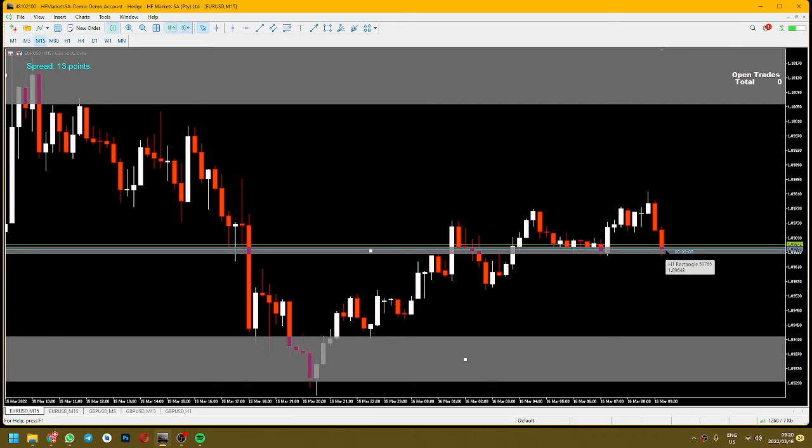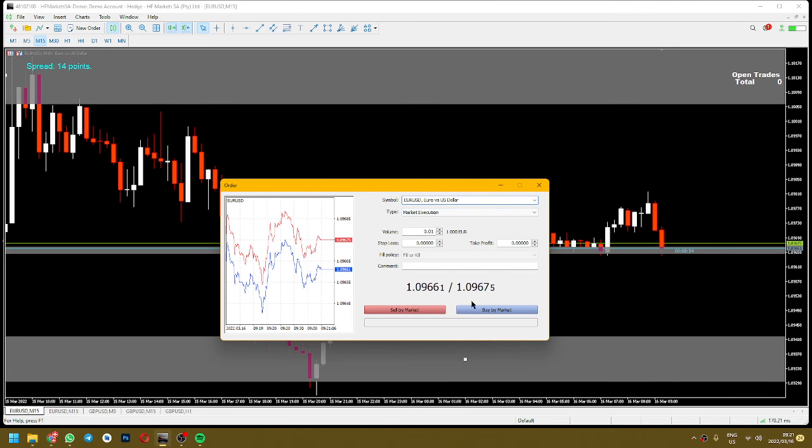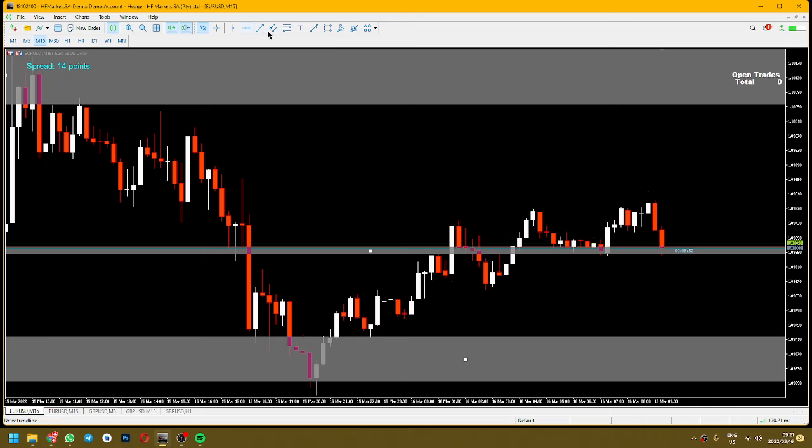If the last candle closes below the resistance area, we know that we're definitely opening our position for a sell. What I would recommend also is using a very small lot size, like 0.01, in the beginning.